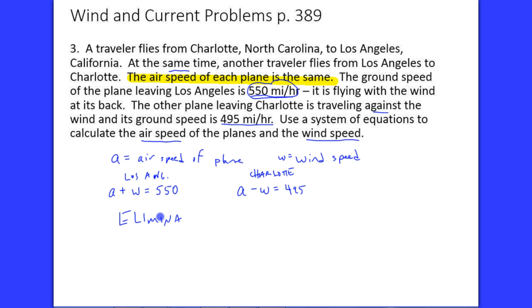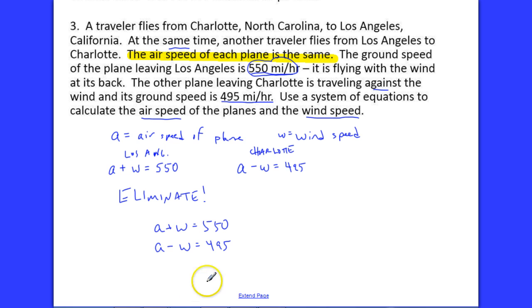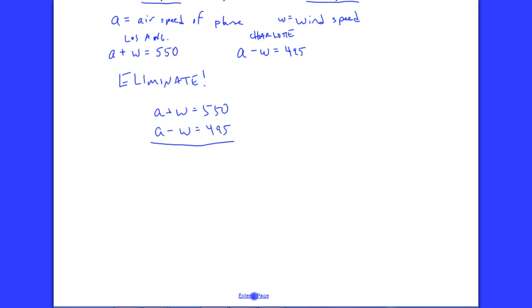Look what happens if I write A plus W equals 550. And the other equation is A minus W equals 495. Give myself a little bit of room here. Draw a line. And let's eliminate.